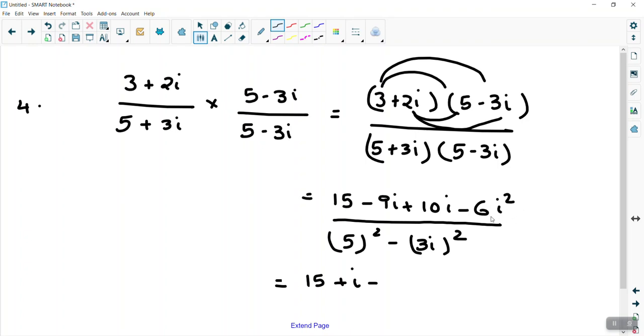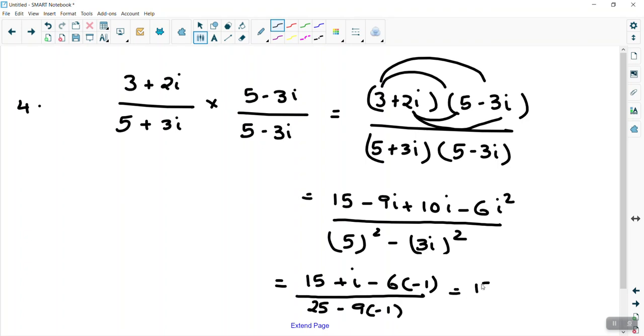Remember that i squared is -1, so just write that there. Okay, and here we have 5 squared, which is 25, minus 3 squared is 9, and we remember that i squared is -1.